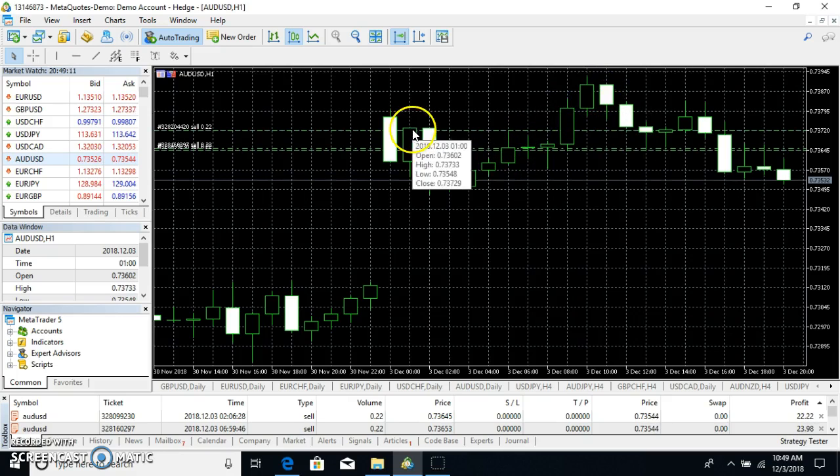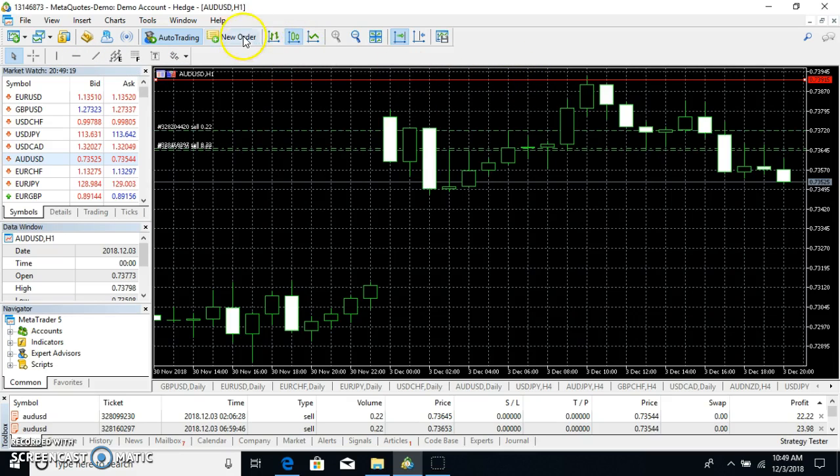Now it looks like the trading zone, the new trading zone, is right here. And right here.